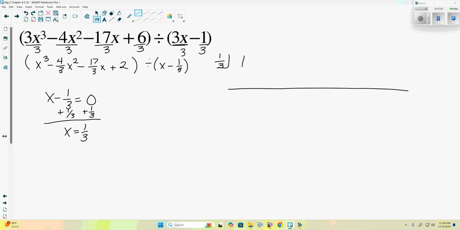We'd have 1 for x cubed, negative 4/3 for x squared, negative 17/3 for x, and 2 for our constant term. And just like before, we bring down the 1.